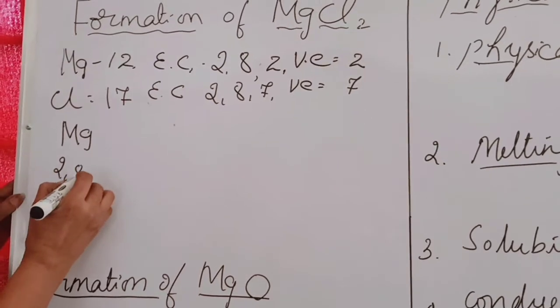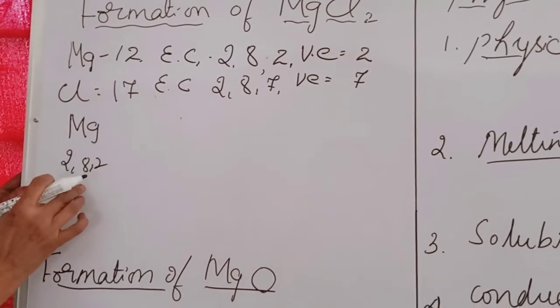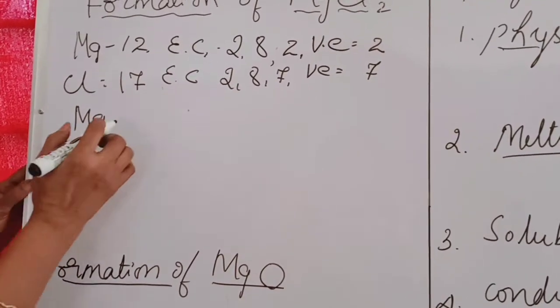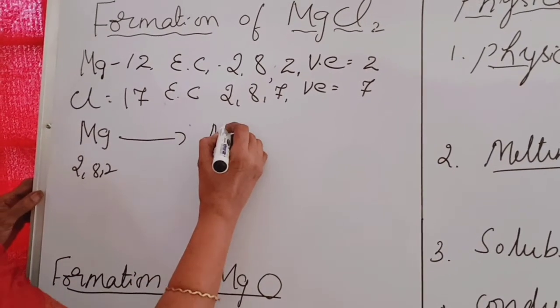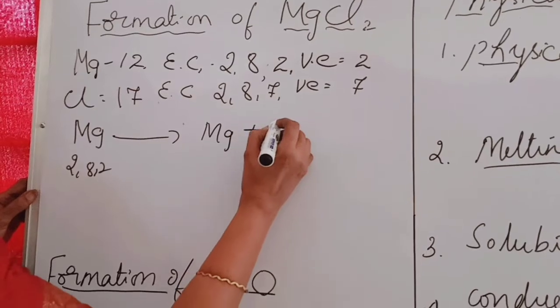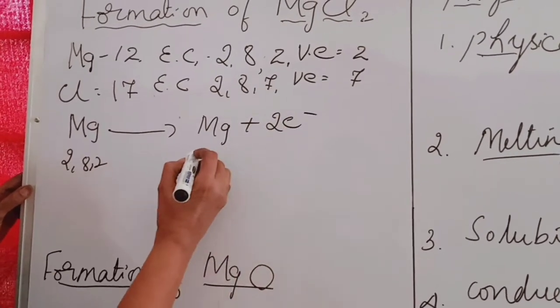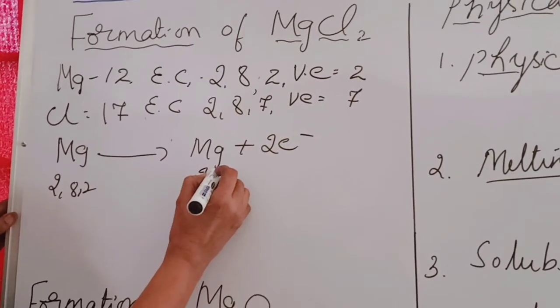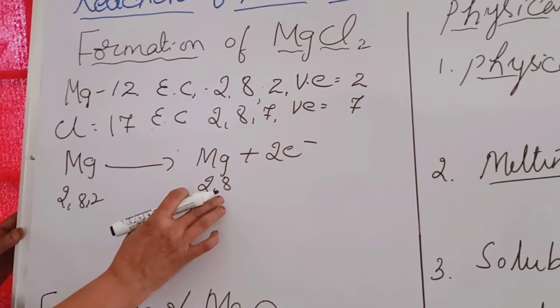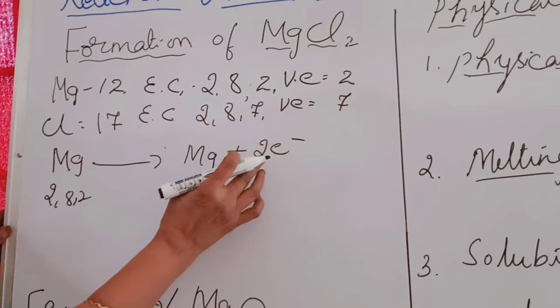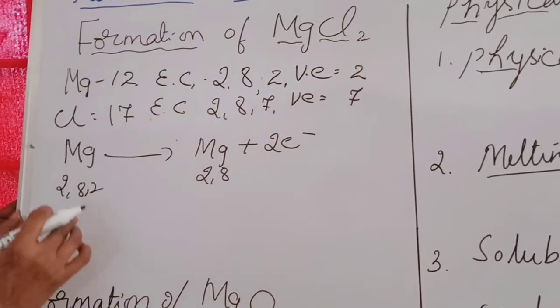So, magnesium, 2, 8, 2. How does it become octet? It becomes octet by losing 2 electrons. Magnesium 2 plus, 2, 8. So the outermost orbit has 8 electrons. How many electrons are lost? 2 electrons.